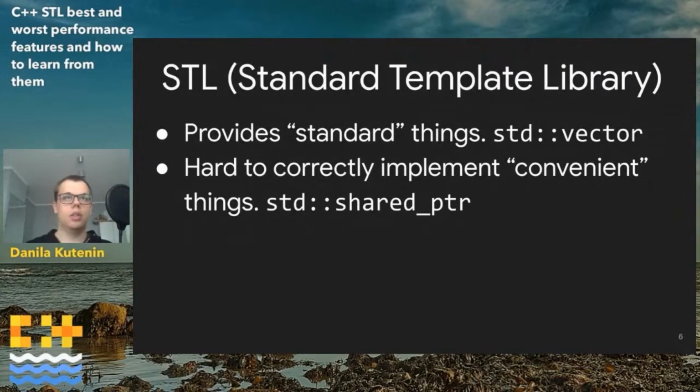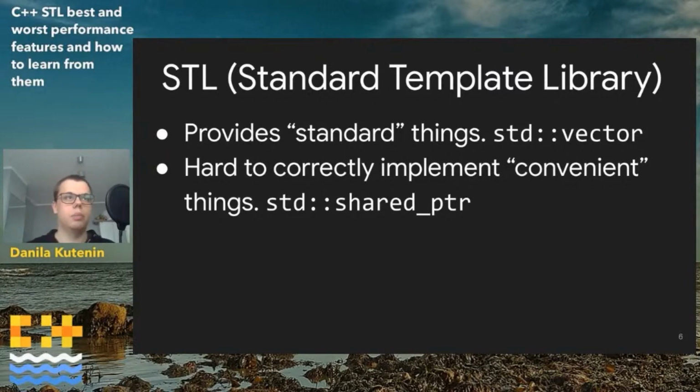For example, standard things like standard vector. Of course, standard vector is not easy to implement. If you are not an experienced C++ developer, still standard vector has pretty good guarantees, pretty understandable ones. And shared pointer, on the one hand, is a very useful thing.